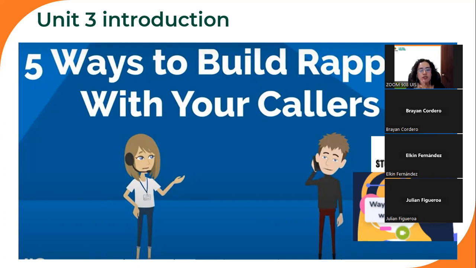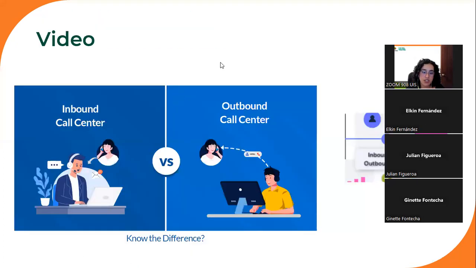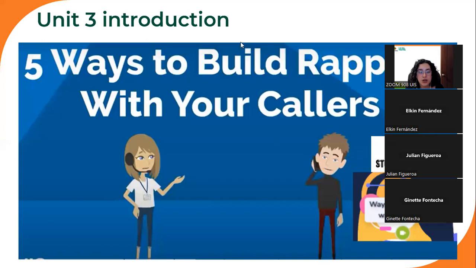So we're going to watch a video on how to build rapport with your customers. Remember, rapport is like a good relationship. And after we watch this video, we're going to see one about inbound calls and outbound calls. What's the difference between them? Okay, so let's start with this one.